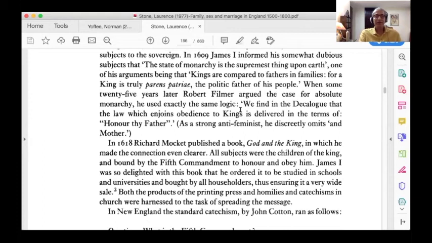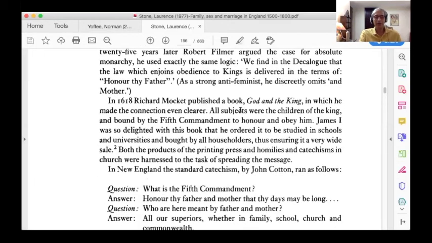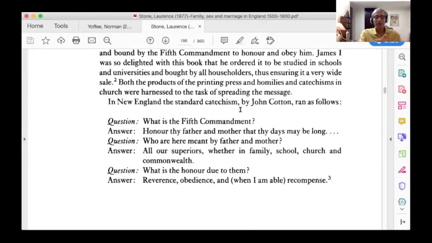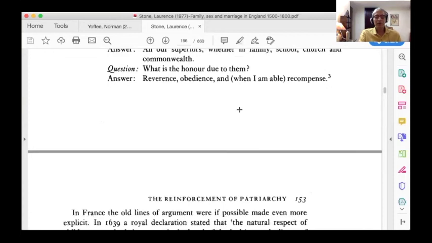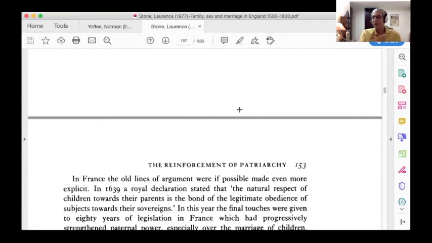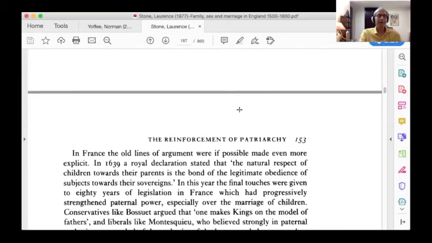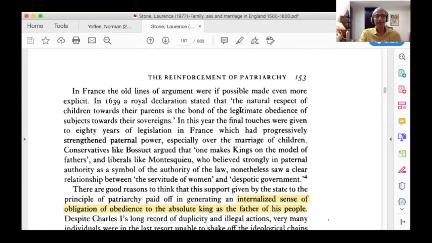When some 25 years later, Robert Filmer argued the case for absolute monarchy, he used exactly the same logic, right? So this goes on and on. This idea that the patriarchal family and the paternalist state are the same thing.